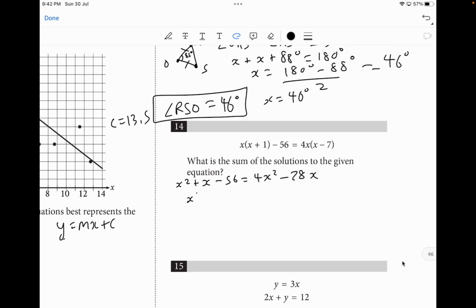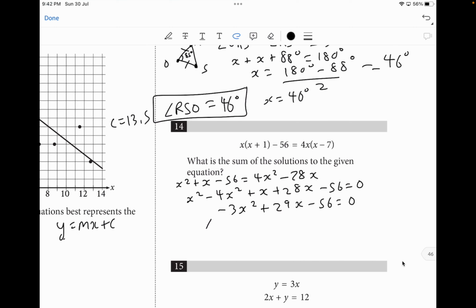Okay, so x squared minus 4x squared plus x plus 28x minus 56 is equal to 0. If you simplify this, it becomes negative 3x squared plus 29x minus 56 equals 0.